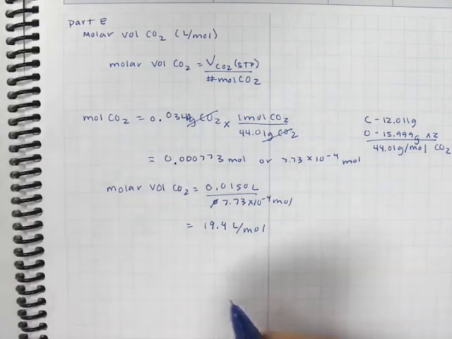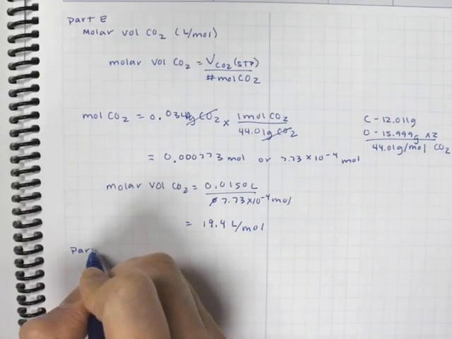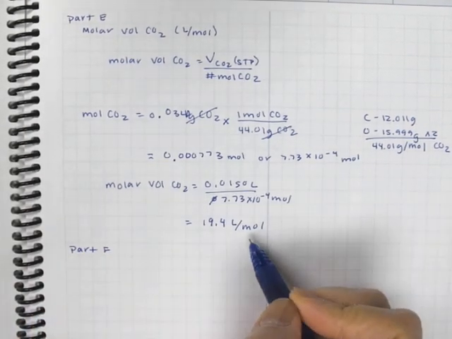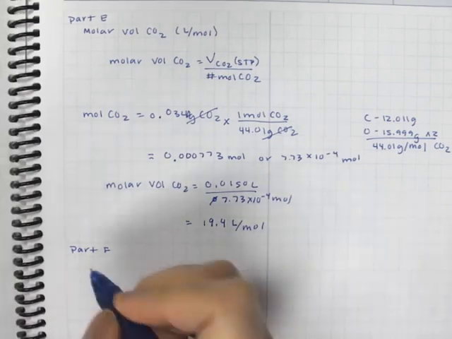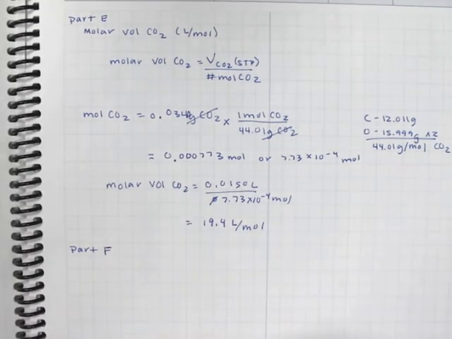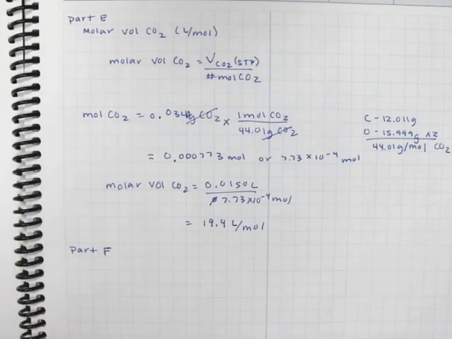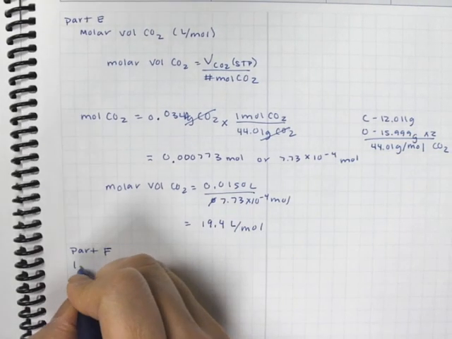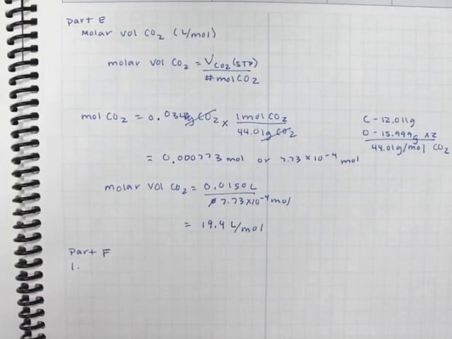The next calculations will be part F. Again, you'll have to do these for each of the 3 trials that you did. I'm just doing it for one so you can see the example. For the first part in F, determine the moles of CaCO3 in the sample from moles of CO2 generated.